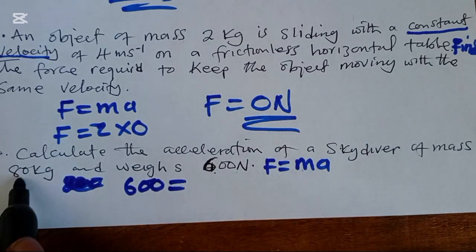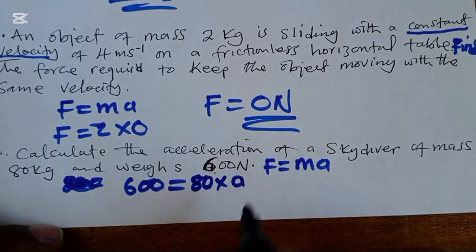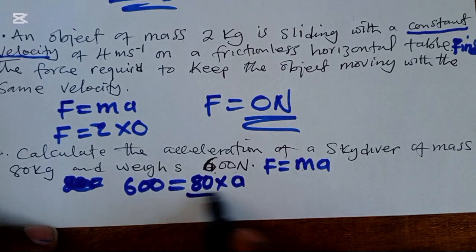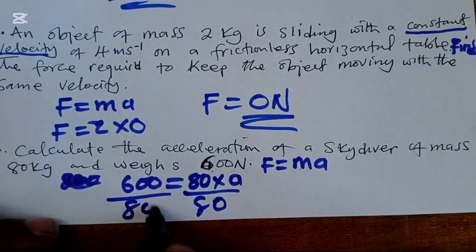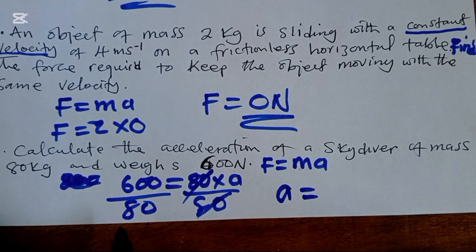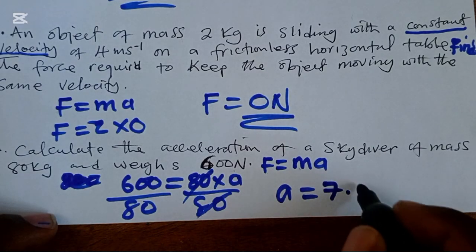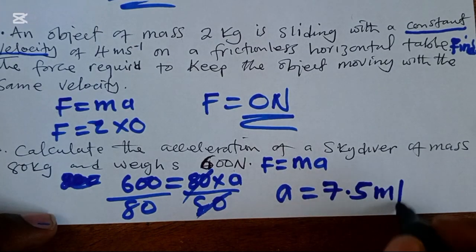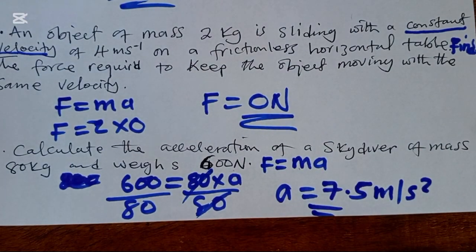Mass is given to be 80 times the acceleration. So divide by 80 on both sides. So acceleration is equal to 600 over 80. The answer is 7.5. So that is our acceleration.